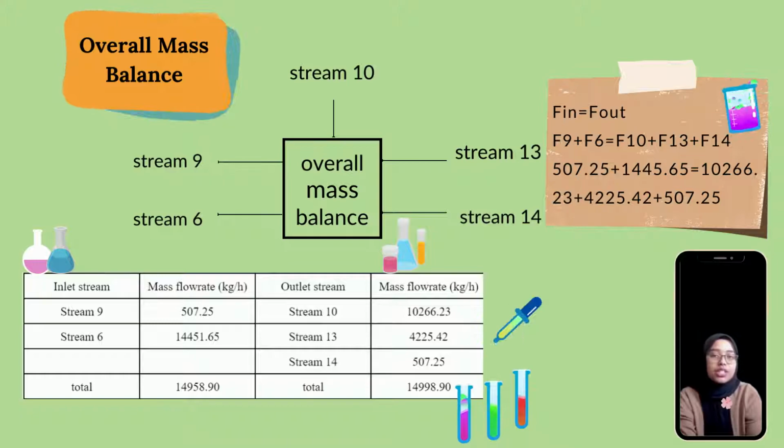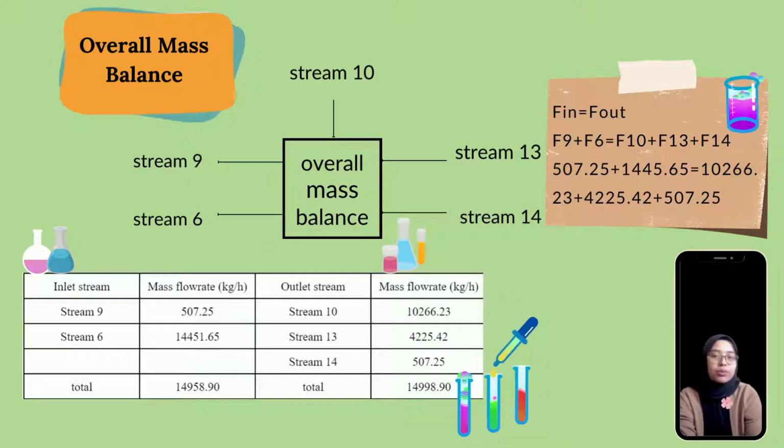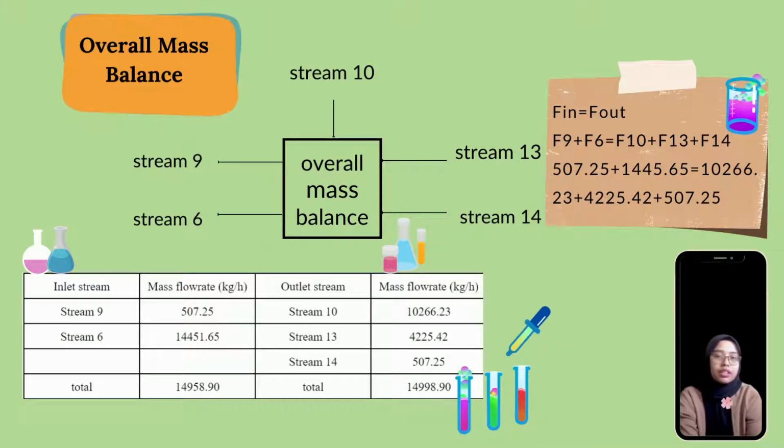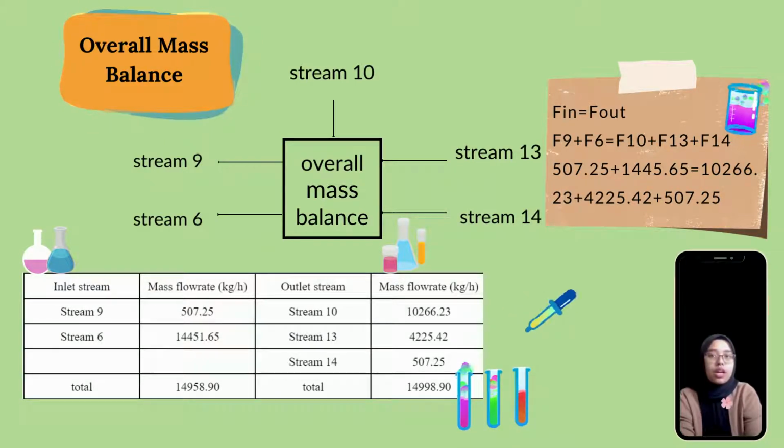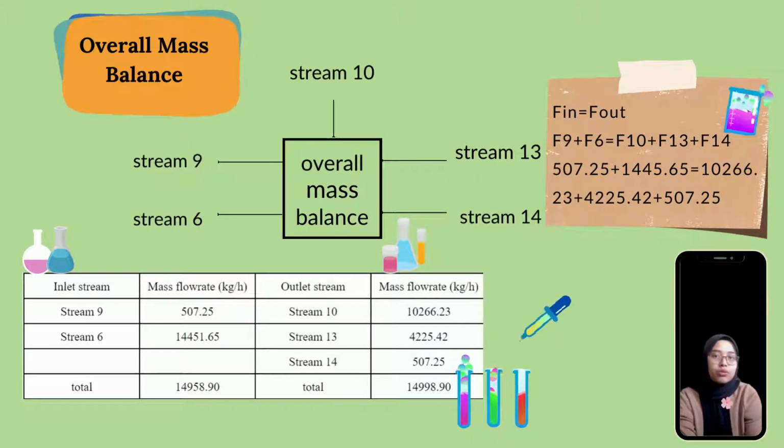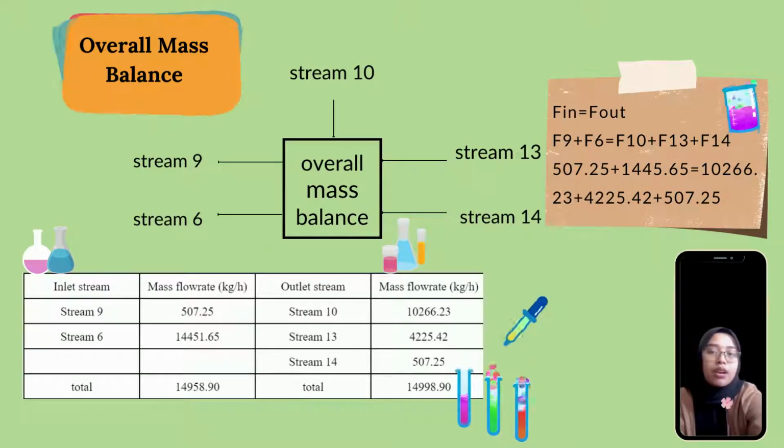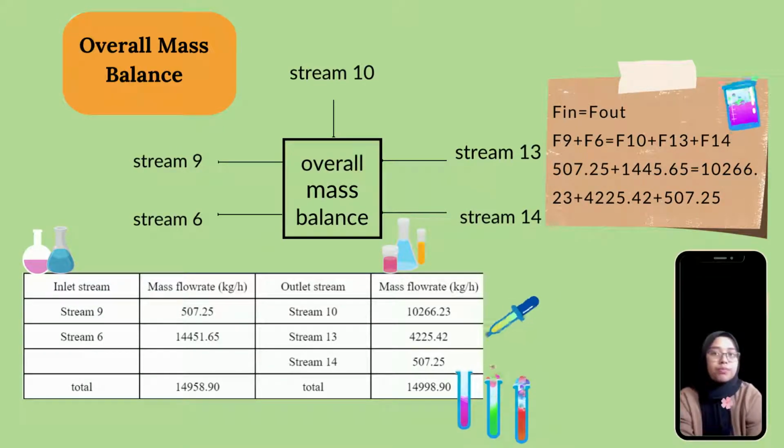So the calculation is in equals out, so F9 plus F6 equals F10 plus F13 plus F14. So 107.25 plus 1445.65 equals 1026.23 plus 4224.42 plus 507.25.